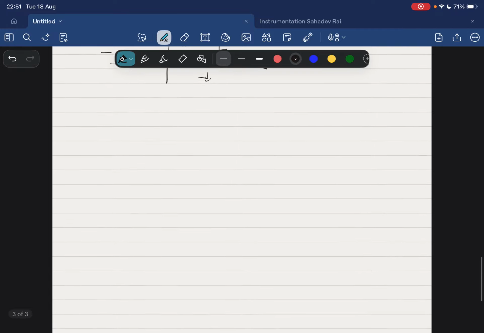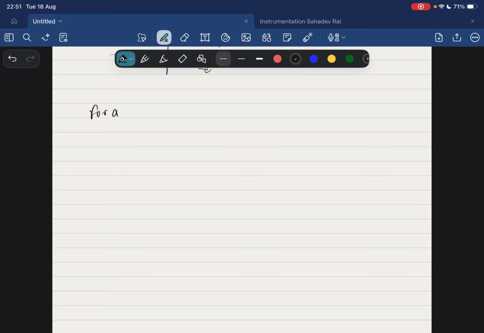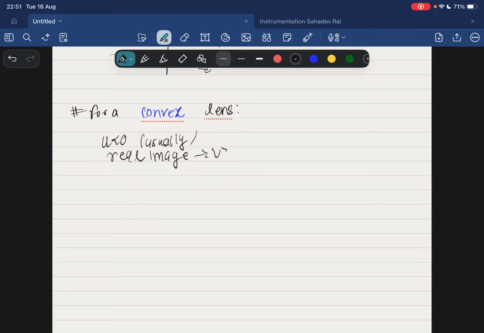So for a convex lens, we have u is smaller than 0 always. The object is placed on the left, and a convex lens forms a real image, which is on the right.